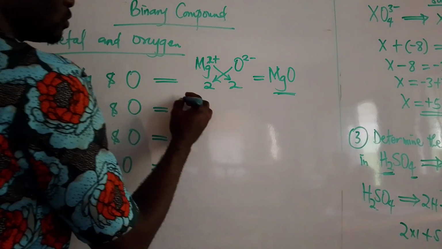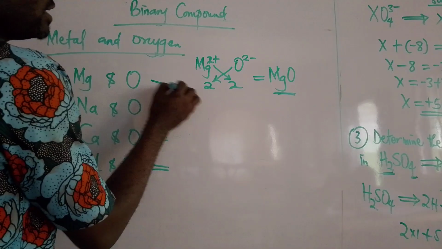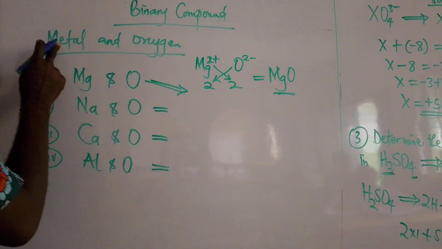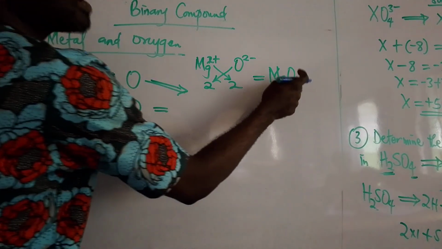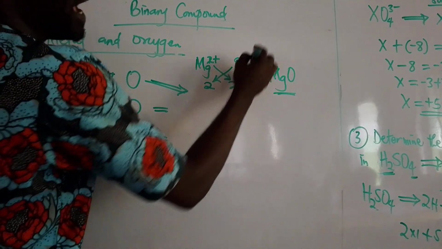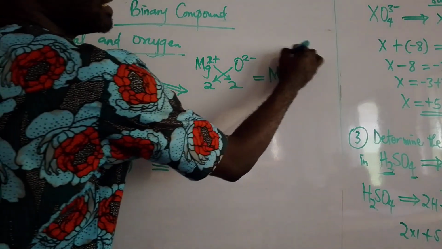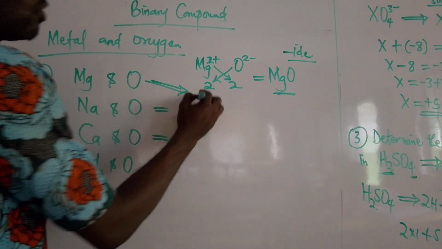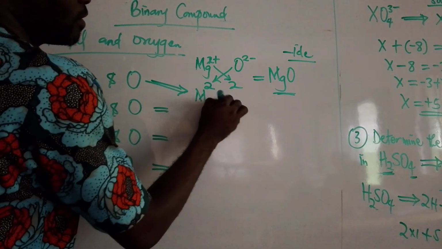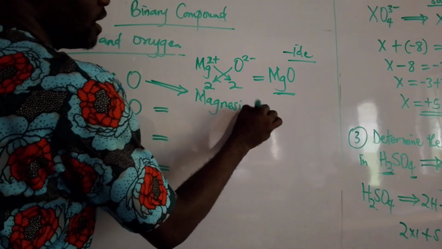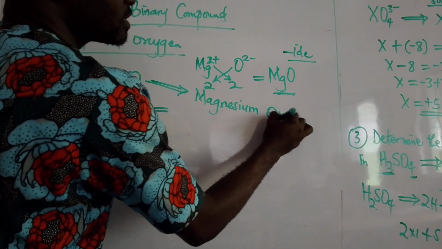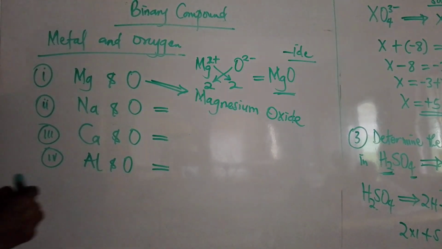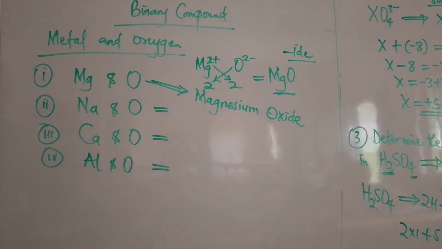So MgO is what? Anytime they have two, a metal and oxygen like that, the last one, which is oxygen, we end with ide. So you call the first one, which is magnesium, and the second one will be what? Oxide. So that's how to call it. Anytime you see oxygen and a metal, call the metal and oxygen becomes oxide.